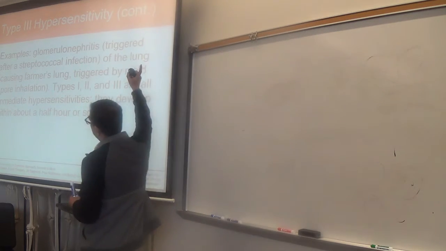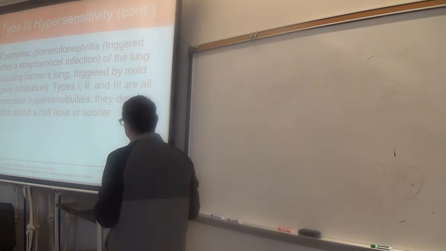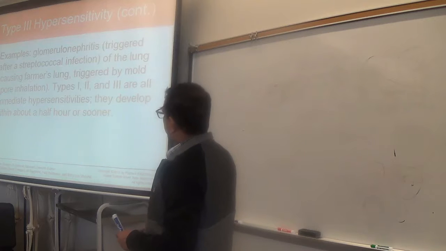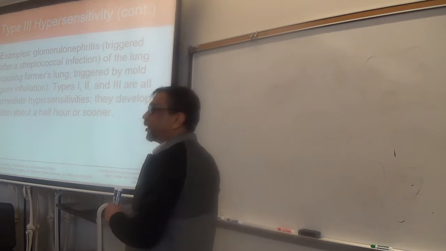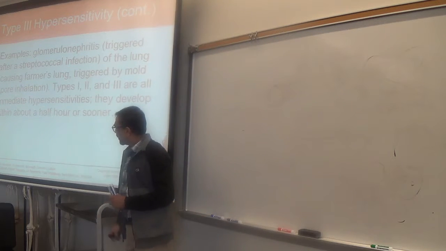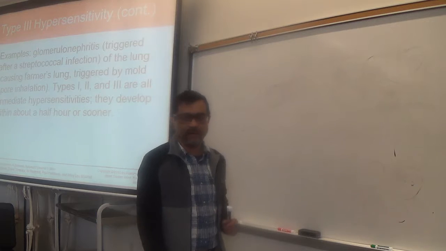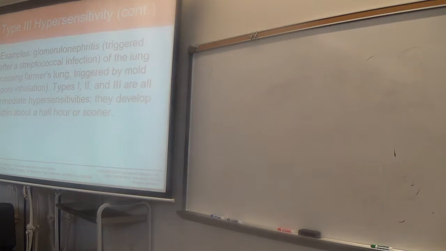The same thing can also happen in the lung tissue, inflammation of the lung. As I have mentioned, types 1, 2, and 3 are all immediate hypersensitivities. They develop within about half an hour or sooner. So minutes to half an hour. So quick.